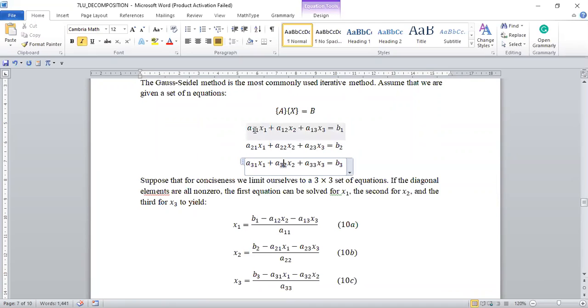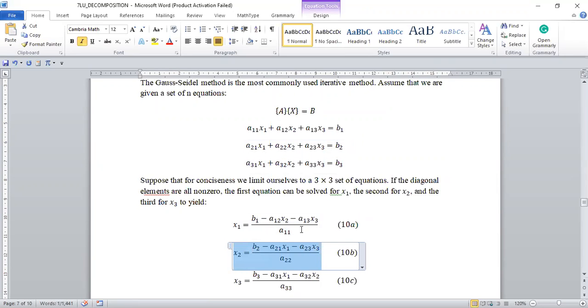So the first step is that for the first equation, you make x1 the subject of the formula in order to get this. So we simply made x1 the subject of the formula to get this. For the second equation, you make x2 the subject of the formula, and we arrive at this equation.